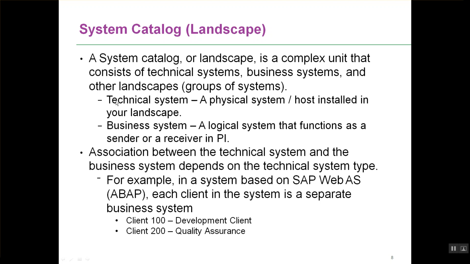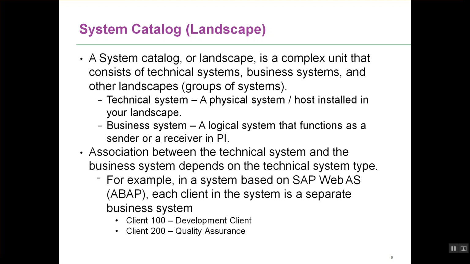So what does that mean? A software system catalog contains two components, a technical system and a business system. A technical system is nothing but a physical system or a host on which a landscape is installed. Let's take a case of a system in your landscape, your ECC development server.